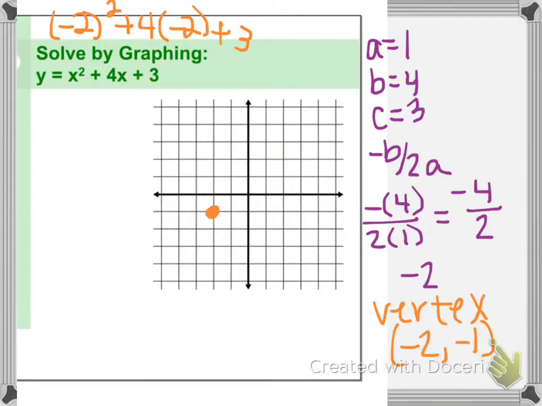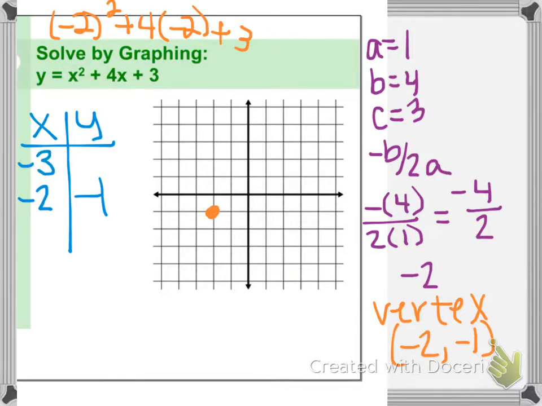I now know that I have to make my chart and find other points to help me find the solutions. -2 is going to be in the middle of my graph because that's where my vertex was, so that point I already graphed. So what comes before -2? Well, -3 comes before -2, so now I'm going to plug in -3. And we get 0.